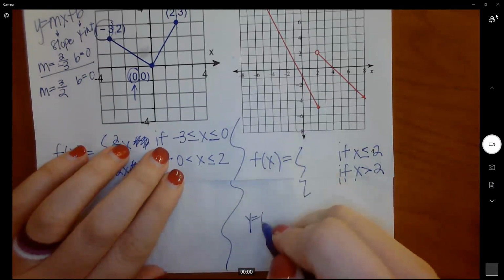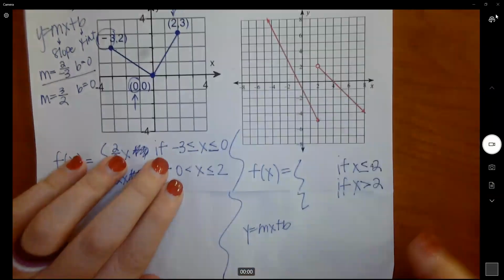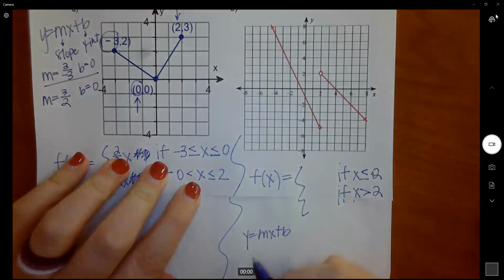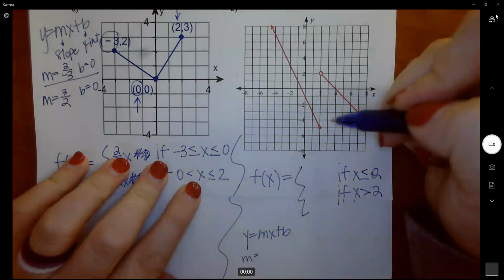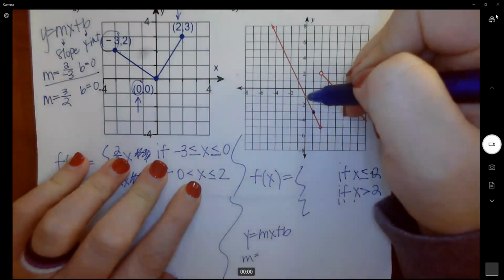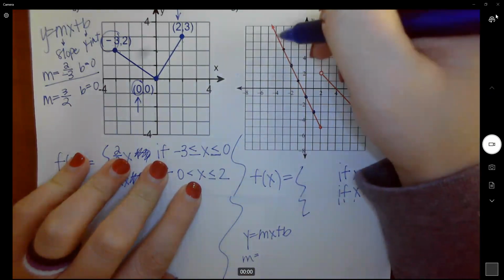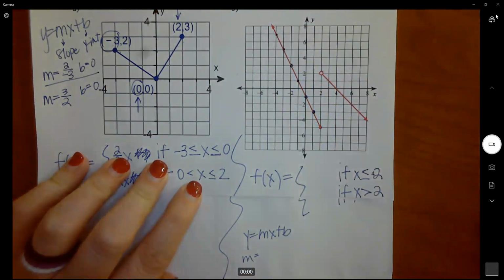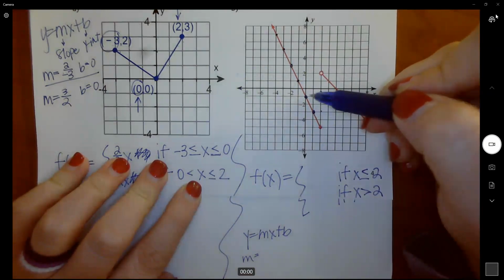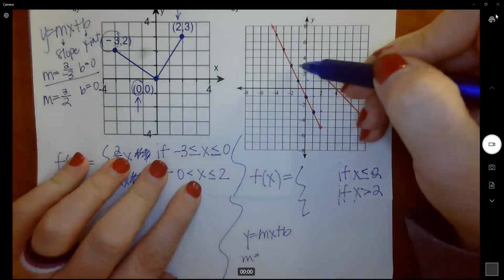Okay, I am still using y equals mx plus b because these are straight linear functions. So on this first one here, my slope looks like I have a point here, a point here, and it keeps going. All of these are going up 2 and to the left 1, up 2 to the left 1, up 2 to the left 1.